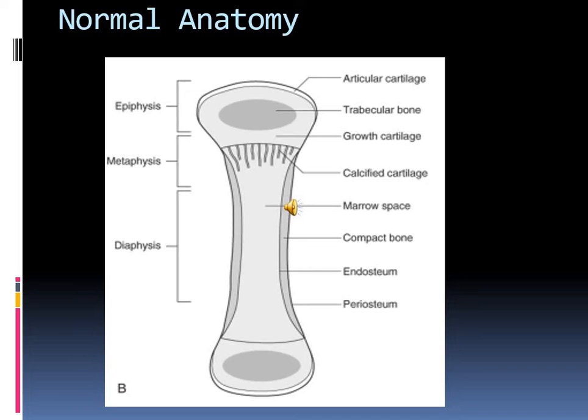Also in the mid part of the bone we have a space which is called the marrow space or the medulla. The most important thing also is the growth cartilage, which is the area between the epiphysis and metaphysis, and it is an important site for knowing if the skeleton is mature or not. And lastly we have the articular cartilage, which covers the articular surface of the bones.